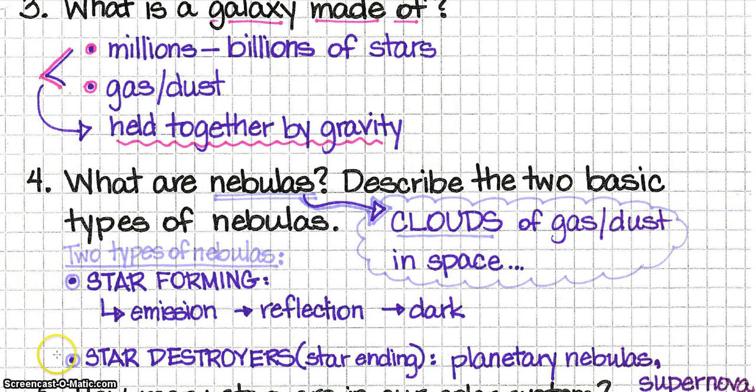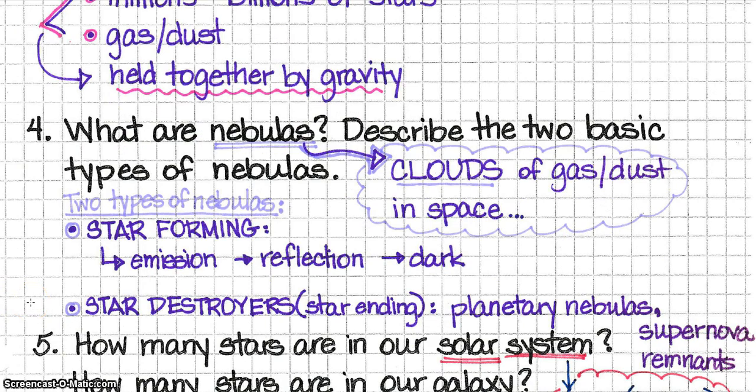And then you have clouds or nebulas that result from a star ending its life. So I'm just going to call those star-destroying or star destroyer nebulas. I guess I'm just a Star Wars person maybe. But those end a star's life. And there are two varieties: planetary nebulas and supernova remnants. Okay? Which one a star will wind up doing is going to depend on a star's mass.